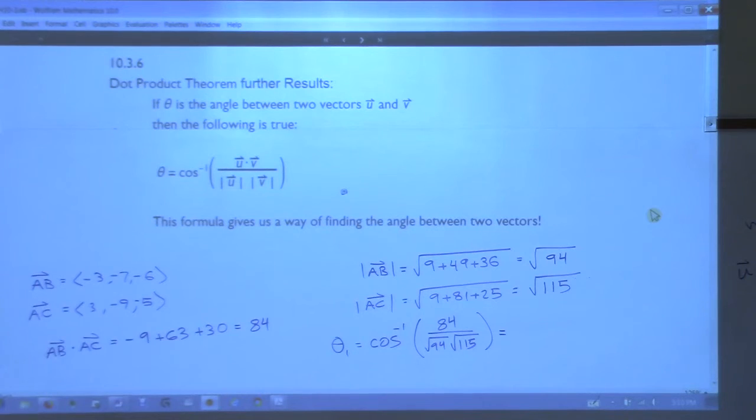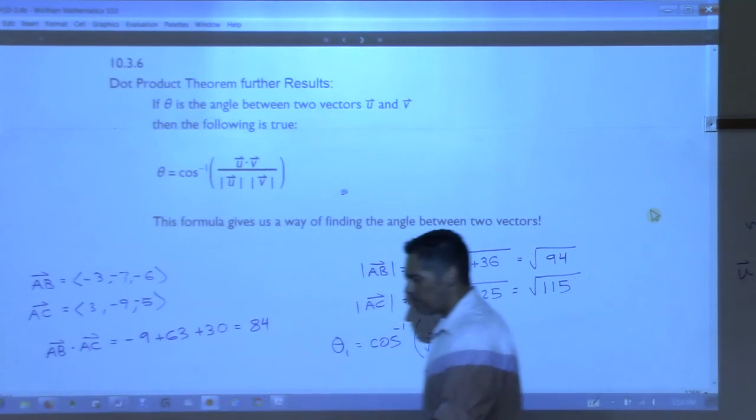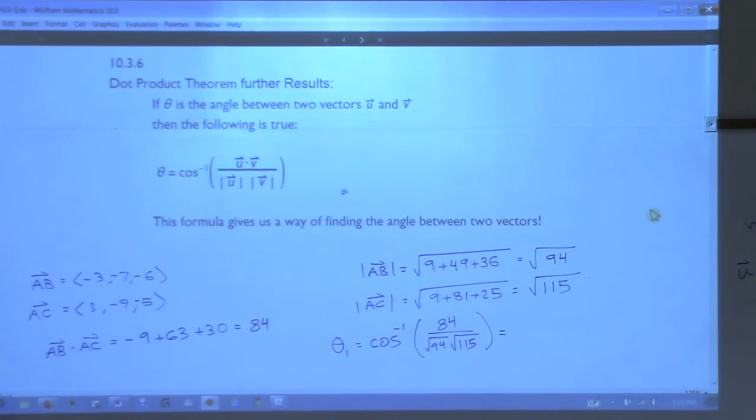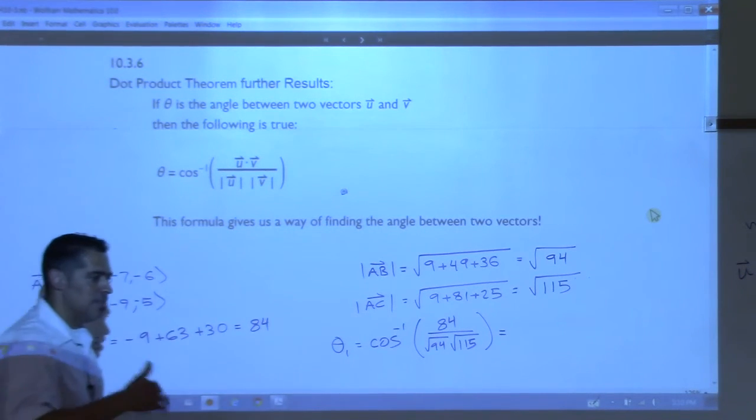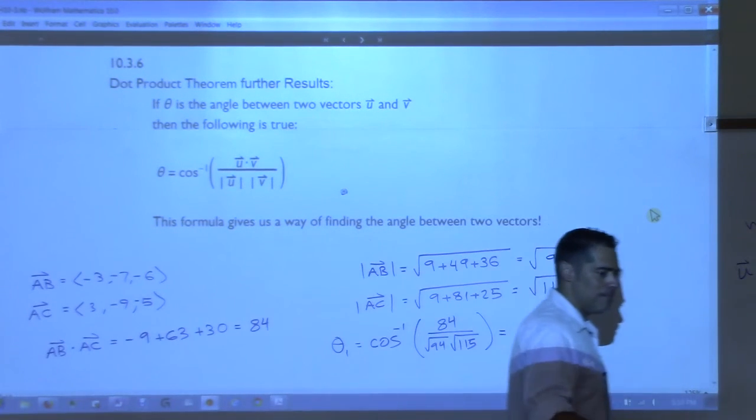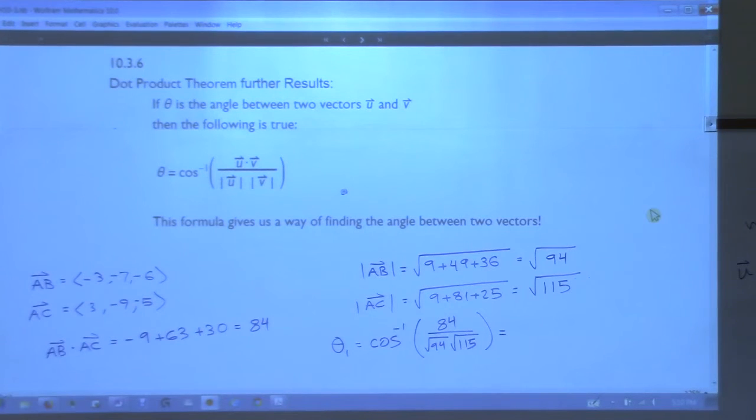And you can either get that in radians or degrees. Did anyone get that yet? It doesn't matter which one; you just need to tell me whether your answer is in radians or degrees. So we'll see if we can get any answers here.